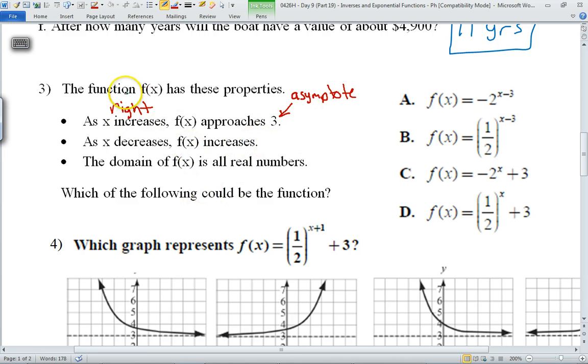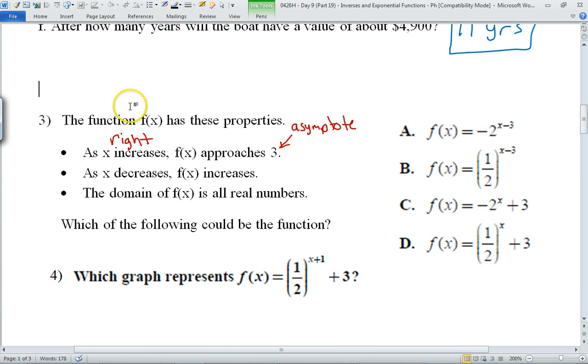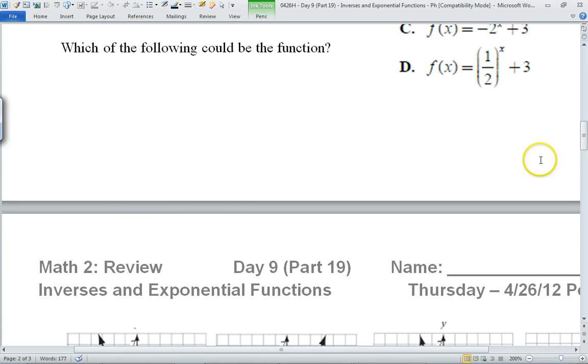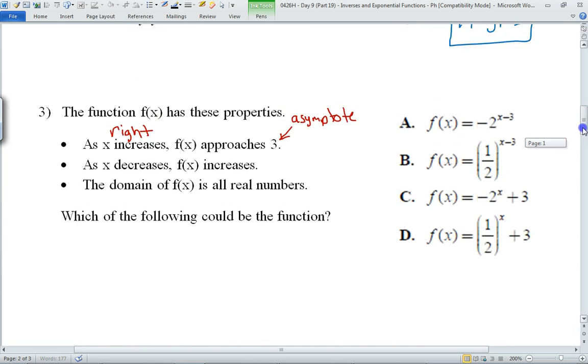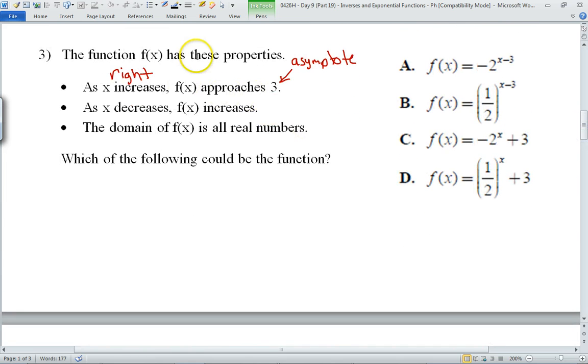So let's look at the possibilities just from that alone. Let me move this down so I have some more space. Okay, so from that information alone, I know there's an asymptote at 3.